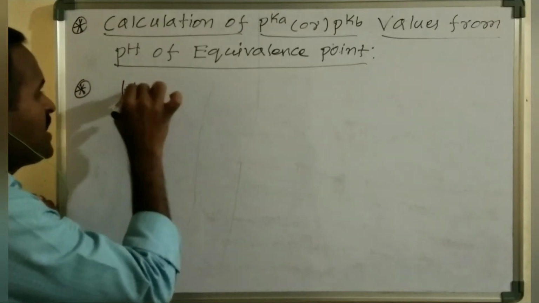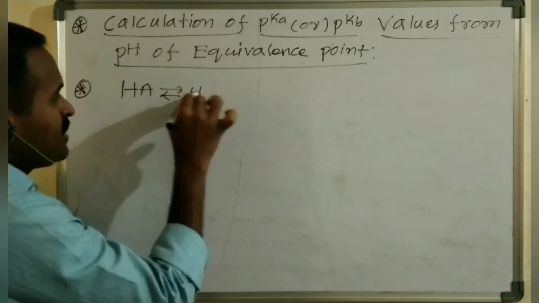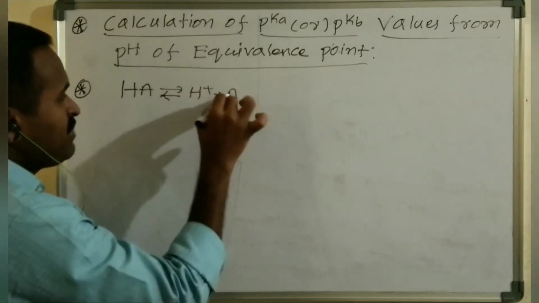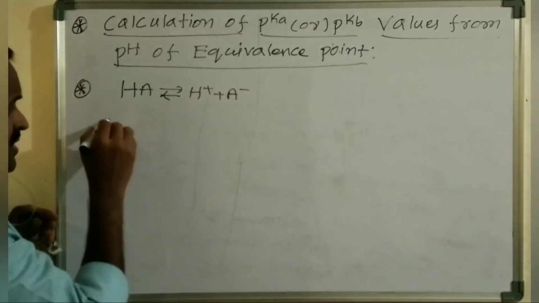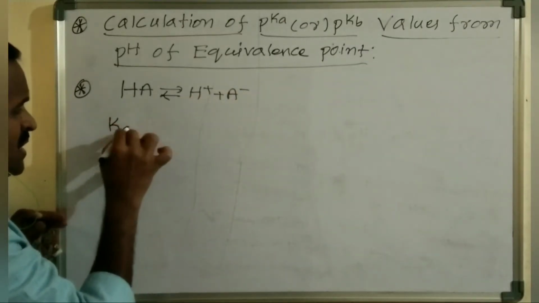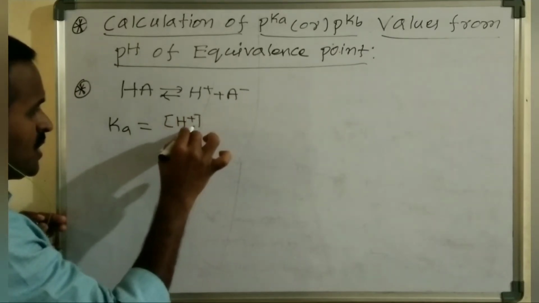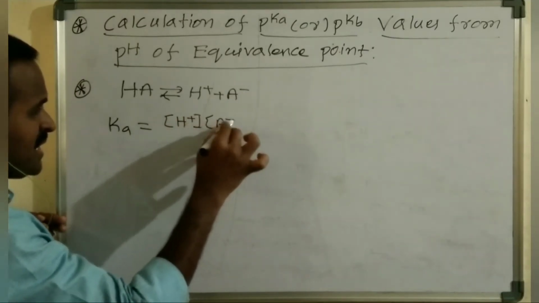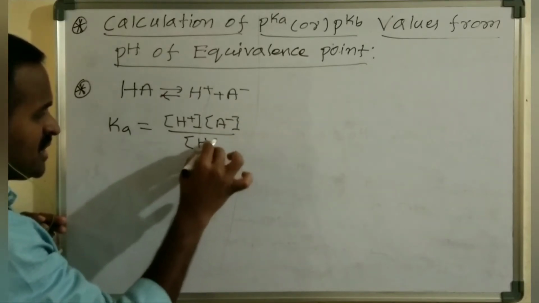Consider that HA is a weak acid and it dissociates into H plus and A minus ions. The equilibrium constant Ka is equal to the H plus ion concentration times the A minus ion concentration divided by the HA concentration.